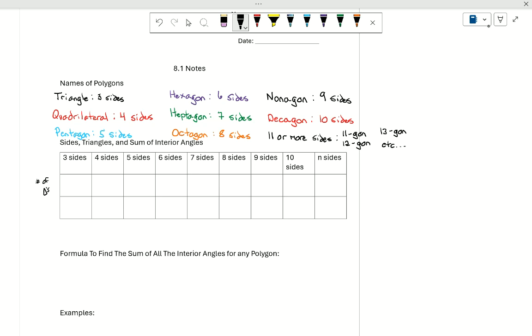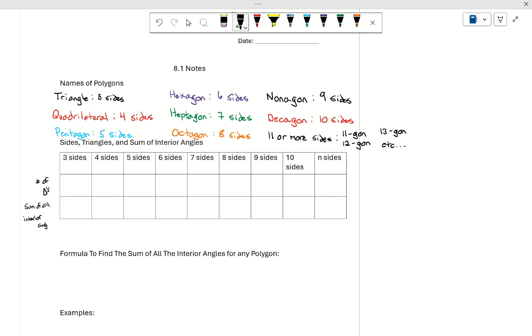And the third row, we are going to title this Sum. We're going to title it Sum, S-U-M, not S-O-M-E. Sum like we're adding everything up. Sum of all interior angles.